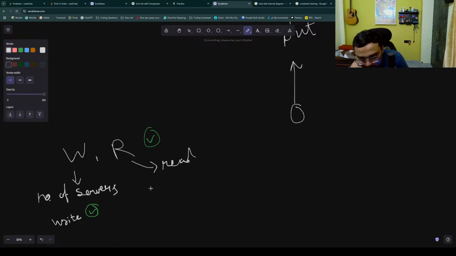Failure detection. Handling temporary failures, use the sloppy quorum technique. Handling permanent failures. Okay, I need to get into detail on this. Now, the architecture design. I don't know anything about this.